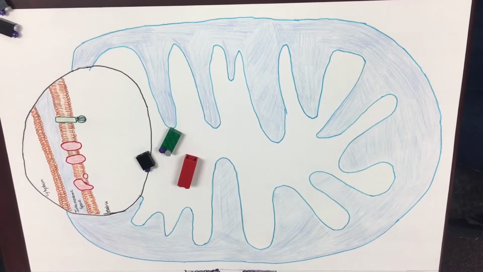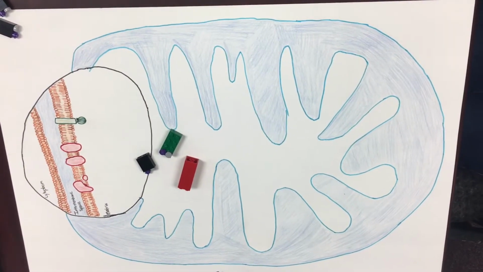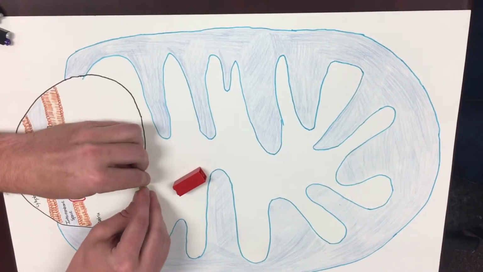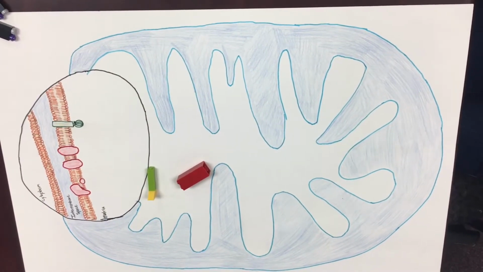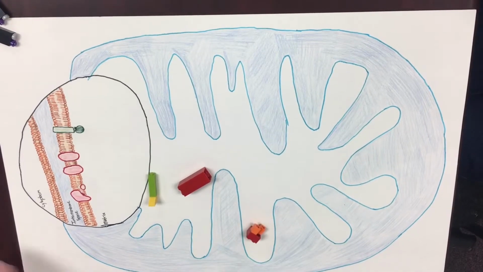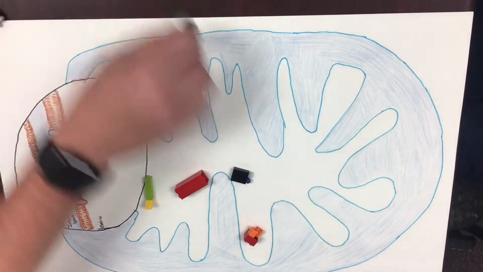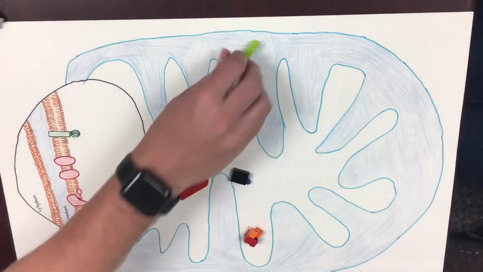The energy released creates ATP from ADP and a phosphate. The products of this cycle are 6 carbon dioxides, 8 NADH, 2 FADH2, and 2 ATPs.